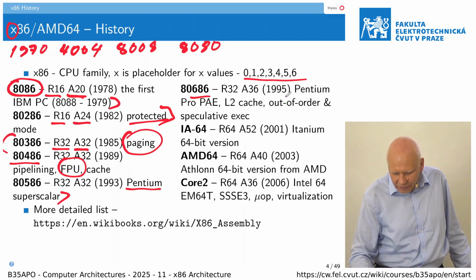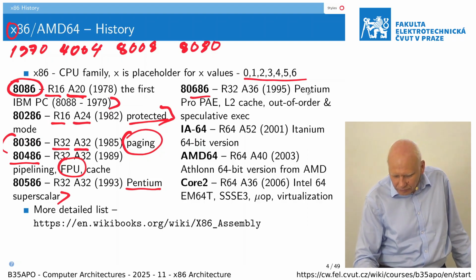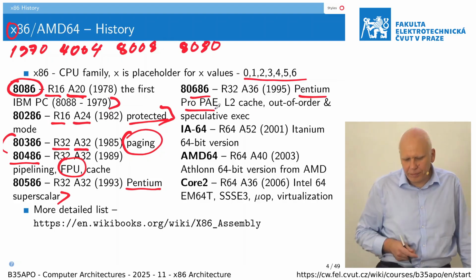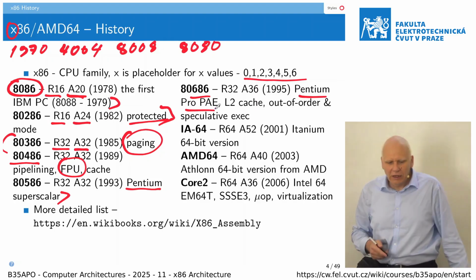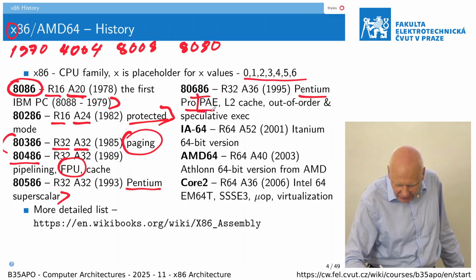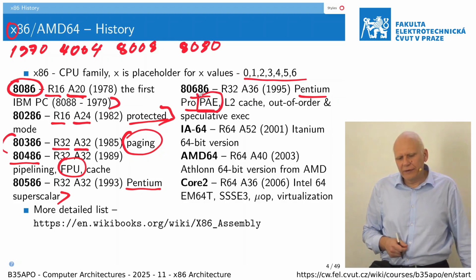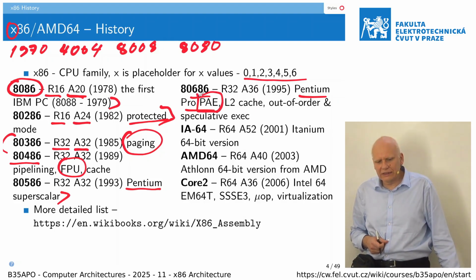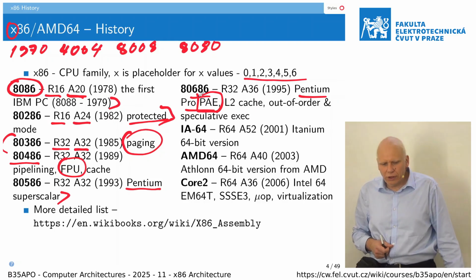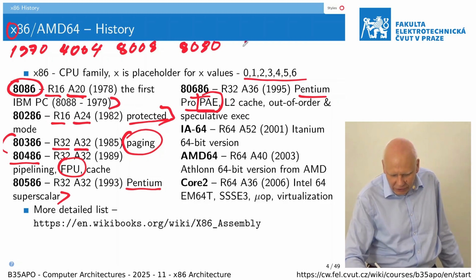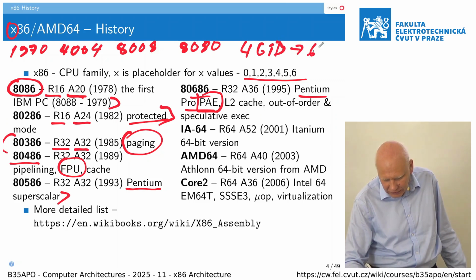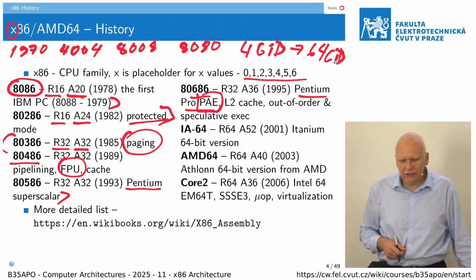Then the naming with 5, 6, and so on stopped being used in the future versions, but we have the Pentium Pro Professional with paging extension, which allows physical address extension, which allows to work even with more than 4 gigabytes of the memory. It extended it to 64 gigabytes for the servers and so on.